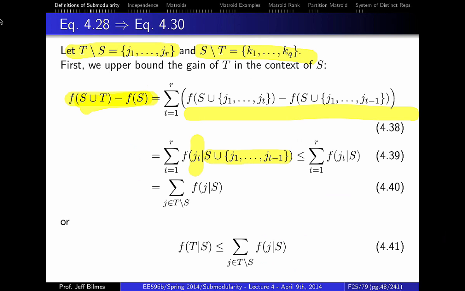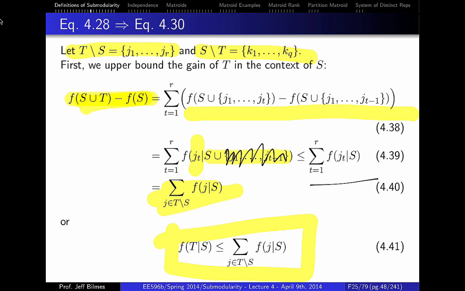But by making the context smaller, by crossing all this stuff out, we get an upper bound on each one of those terms. Now let's write it in the form that we want. We're just summing over the items in T not in S. So what we've got is this property here.